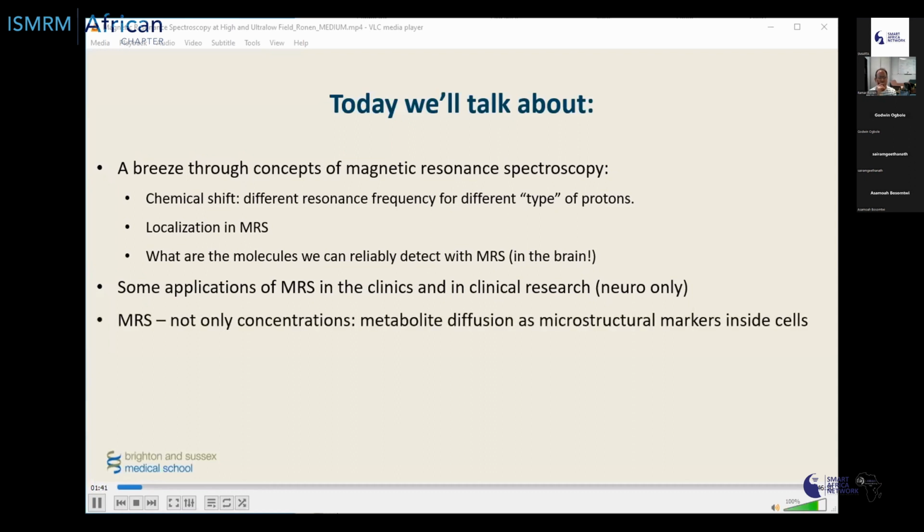And then we will talk about what can maybe be defined as more advanced methods related to spectroscopy. In spectroscopy, we're looking at concentration of molecules, but we will see that we can look at other properties of molecules that can be used as markers for other properties of tissue, for example, microstructural properties of tissue, but in a different way than, for example, diffusion-weighted imaging that you may have covered in this workshop is doing.